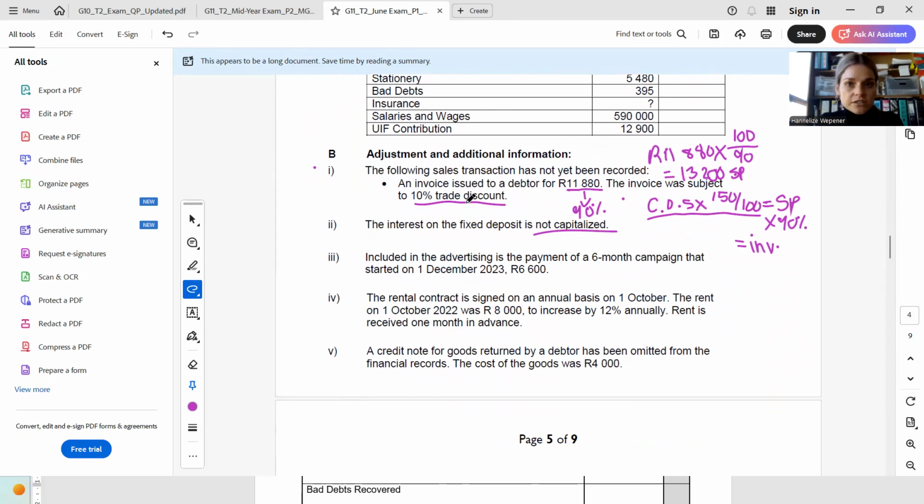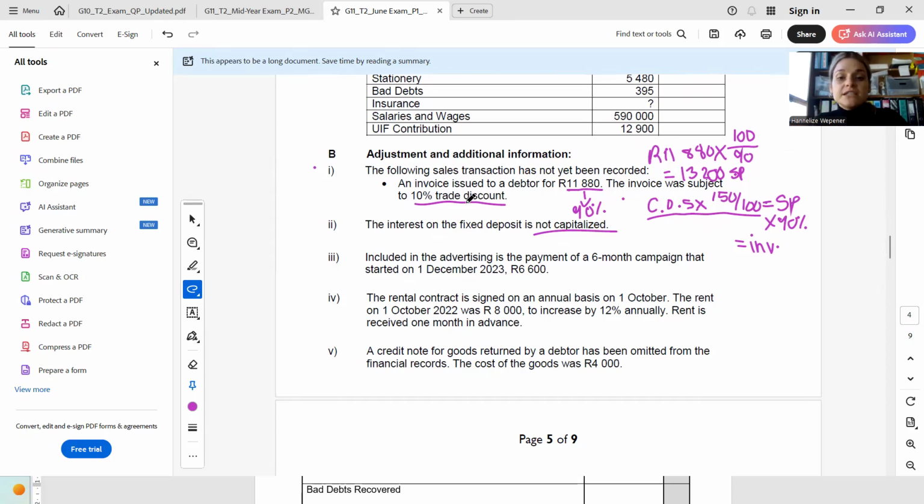My entry changes. It's not debit fixed deposit, then it becomes debit bank and credit interest on fixed deposit, the income account, right? So you now already need to see that you either have an accrued income, so you haven't yet received your income, or you have income received in advance.